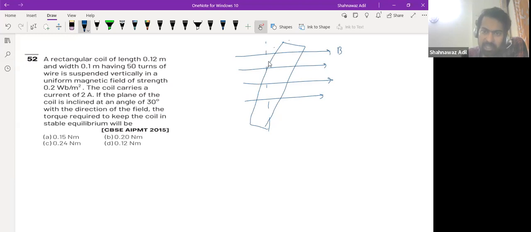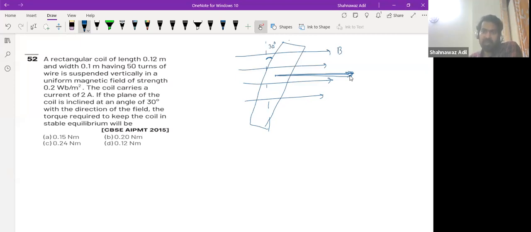We know that this angle is 30 degrees, this is given. But what is the angle that we want? So this is the normal, right? The normal to the plane would be this.